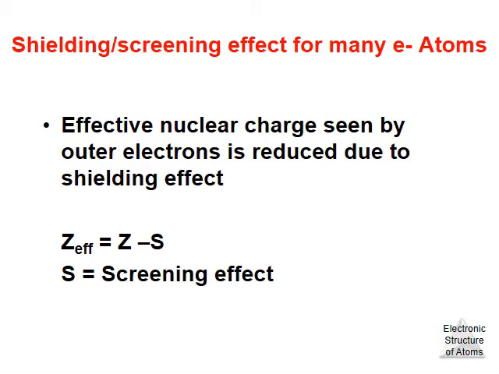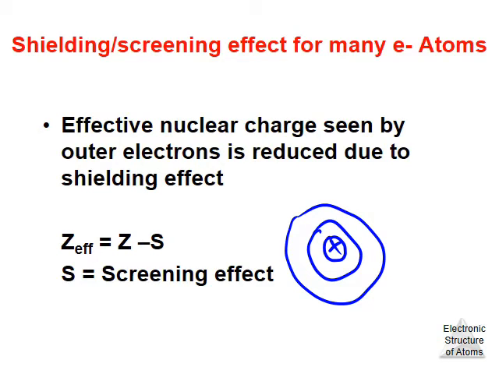In this slide, I'm showing you the shielding effect or screening effect in the case of many-electron atoms. Think about a central nucleus like this, with a positive charge and electrons moving outside. Now let's assume that I have two electrons in the orbit that's closest to the nucleus, and then I have an electron sitting outside of that in the outer orbital.